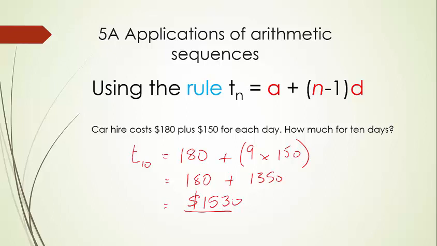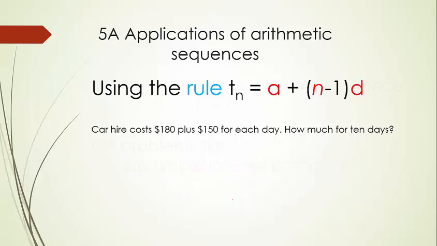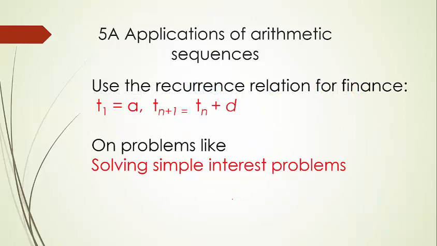Okay, so that's an example of using the rule, which we only come across a little bit. What we're really going to be interested in is using the recurrence relation for finance. And we'll start by solving simple interest problems. Now the first thing that you're going to need to get to grips with is we're not going to be talking about T1 as a anymore.